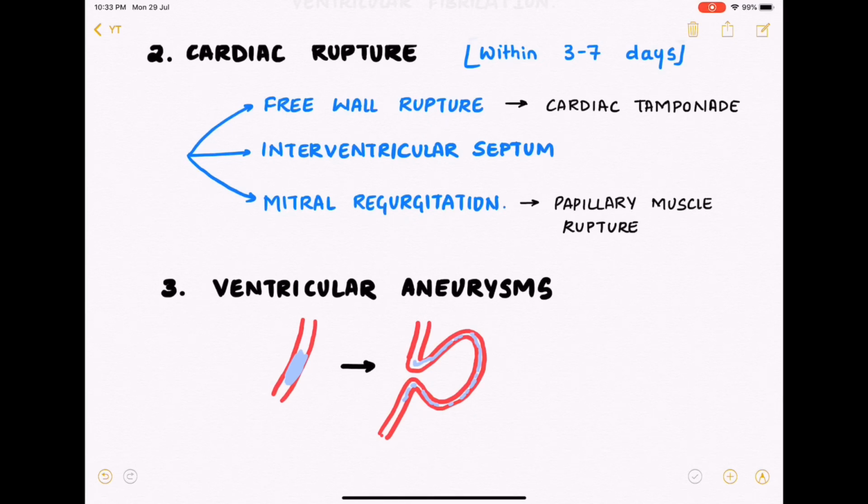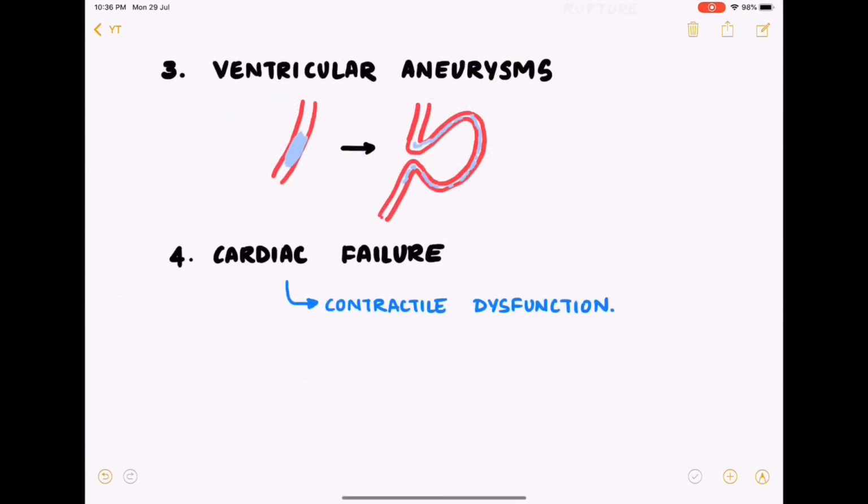And if this rupture occurs maybe in the pericardial cavity, it may lead to cardiac tamponade. It may also lead to cardiac failure, which could be because of contractile dysfunction. Now that there is ischemia of a part of the myocardium, the contractility and the conductivity of that area is hampered. So that may lead to cardiac failure.